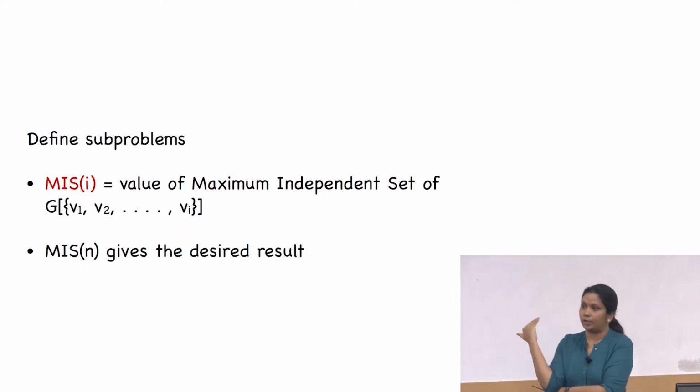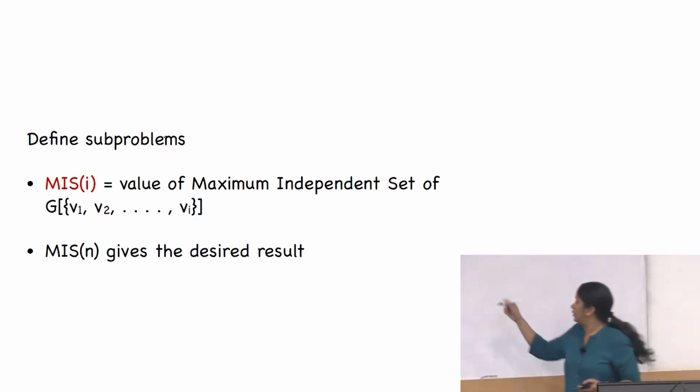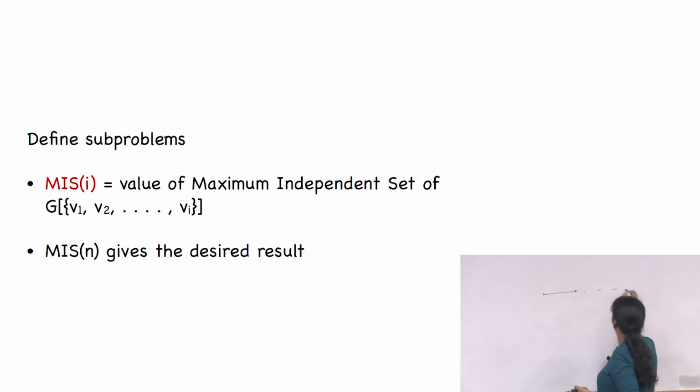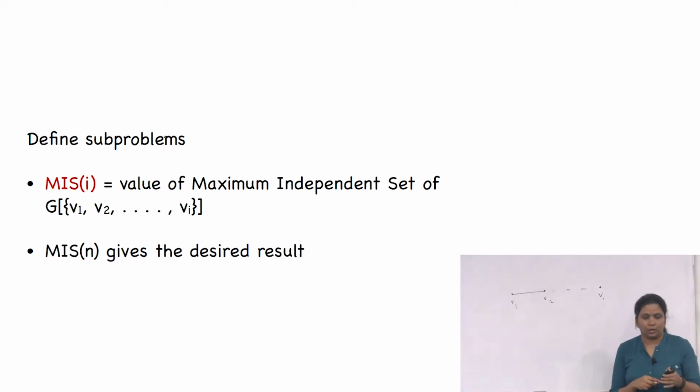What is MIS of i? Essentially, you are given a graph with i vertices and weights, and you want to find the maximum independent set of this. Okay, so how will we solve it?